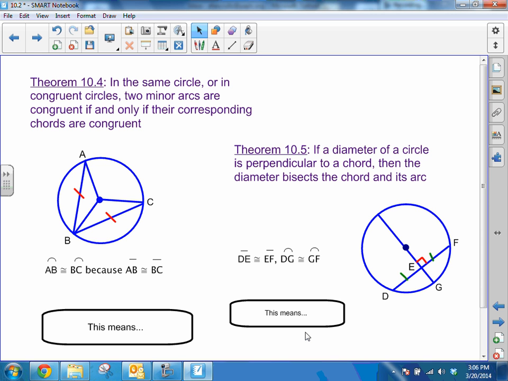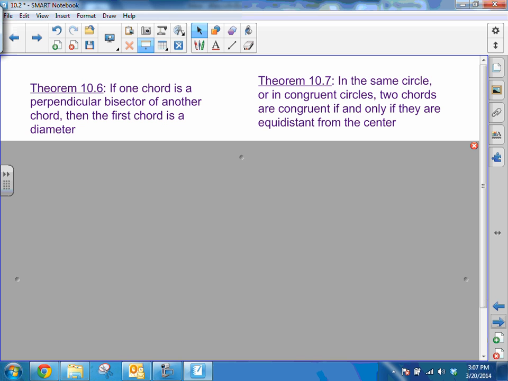And the symbolic notation. Make sure you're putting those arcs over DG and GF, because they're not segments. Got it? Last two.